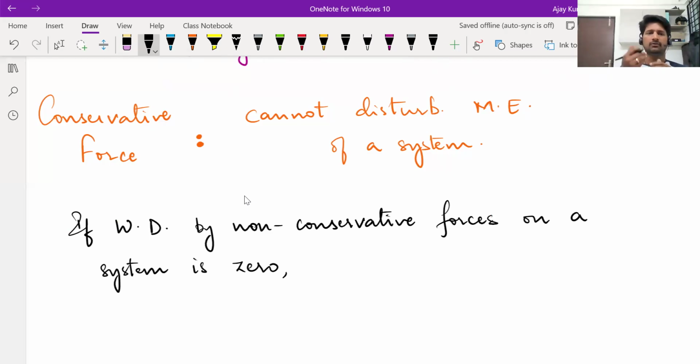One non-conservative force does positive work. It will increase mechanical energy. Another non-conservative force does negative work. It will decrease mechanical energy. So that is allowed. The individual non-conservative forces may be doing work, but the total work done by all the non-conservative forces put together should be zero. Then it means the system's mechanical energy is conserved.